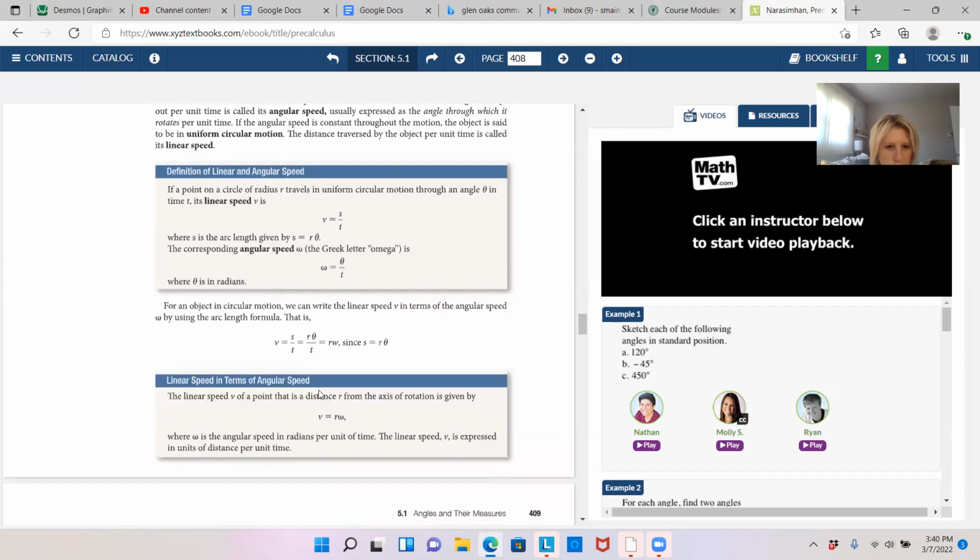The linear speed v of a point at a distance r from the axis of motion is given by this: the radius times your angular speed is your v.